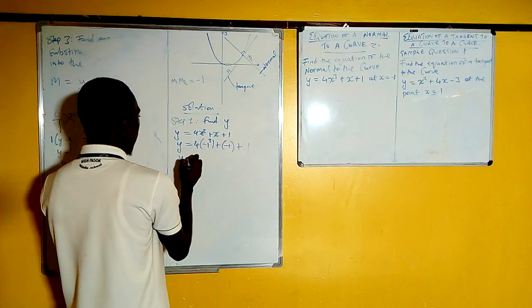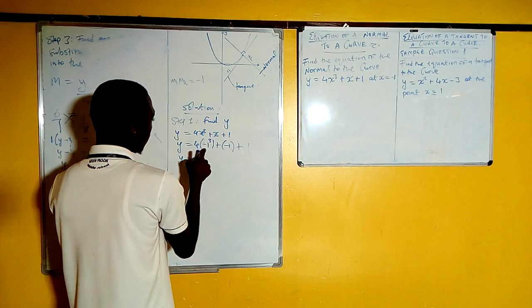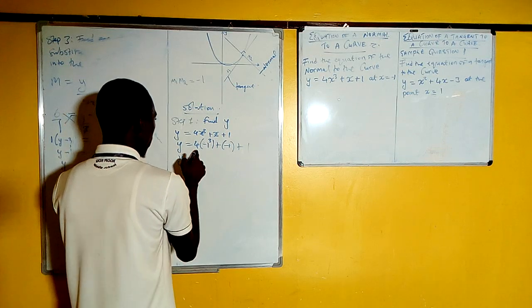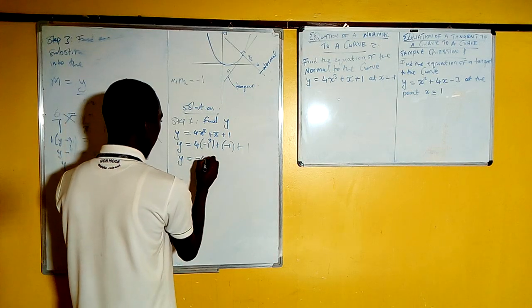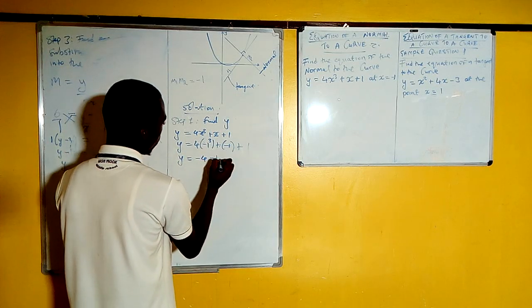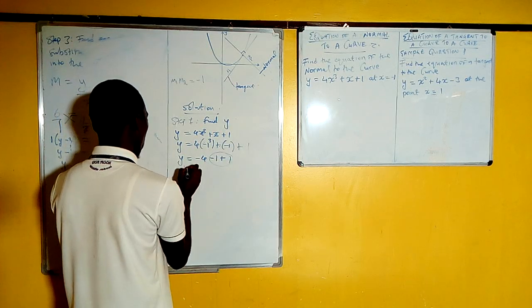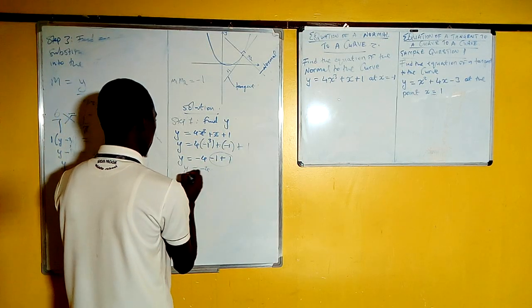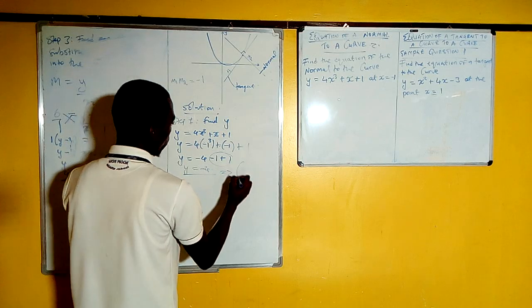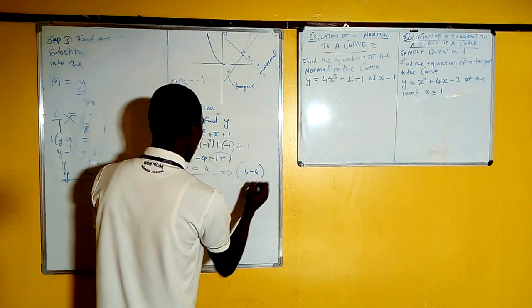So y is equal to, this negative 1 to the power 3 is still negative 1, and times this 4, it will still be negative 4. Then this negative 1 and this 1 are cancelling each other. So y is equal to negative 4. This implies that we now have the coordinates, which is (-1, -4).